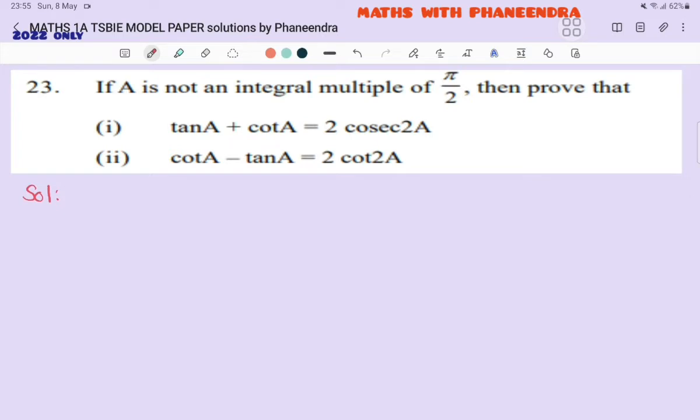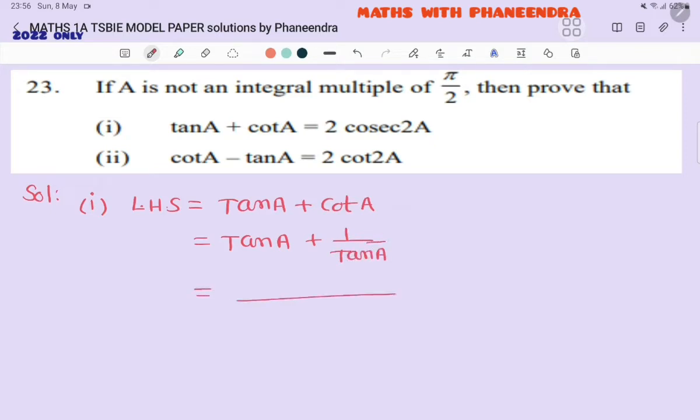So here the first question, LHS: tan A plus cot A. Cot A in terms of tan, you have to convert: tan A plus 1 by tan A. After taking LCM, tan A is the LCM, tan A into tan A, tan square A plus 1.